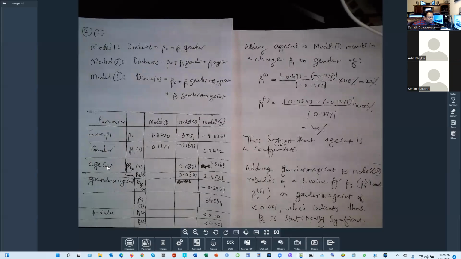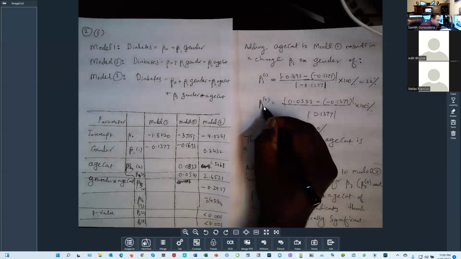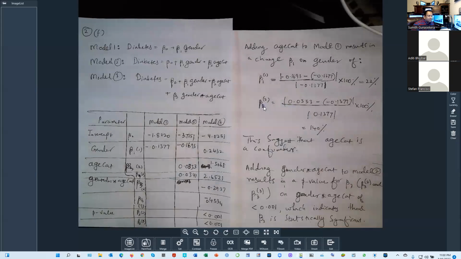So this one for the age cat, this one for the gender: by adding gender, this one by adding age cat, this should be 2. This should be 2, no? Not 1. So it has been changed. Okay, this one is more than 10%. We can say this one, but this number 0.137, that's for the gender.